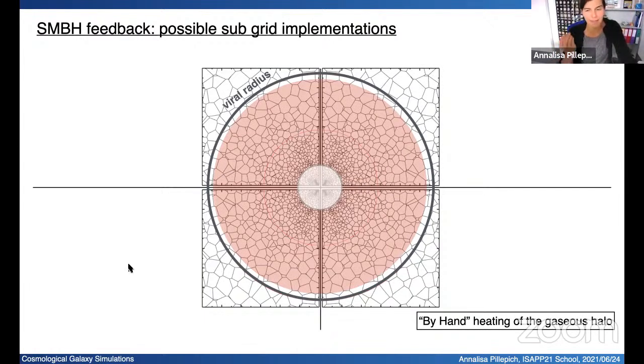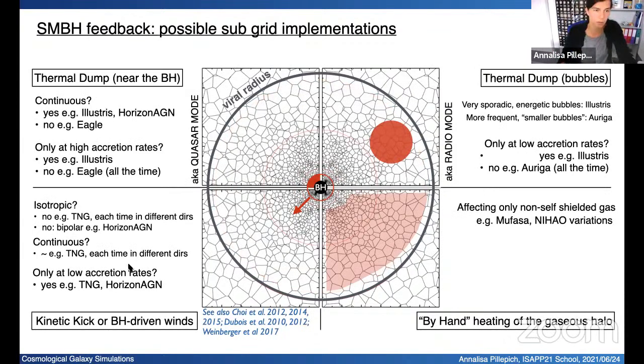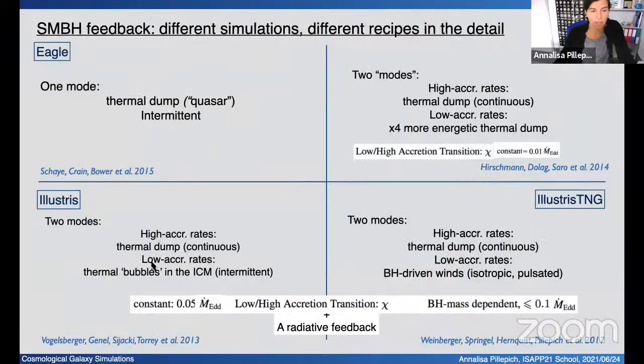So as I was saying all this, you can imagine there are many choices, not just of what to do among these possible scenarios, but also of how to implement them. And different simulation codes and different simulation projects adopt different things that have been chosen by the developers, given the goals of their models.